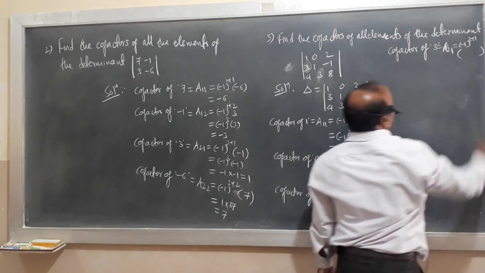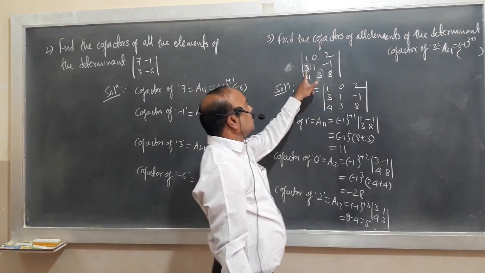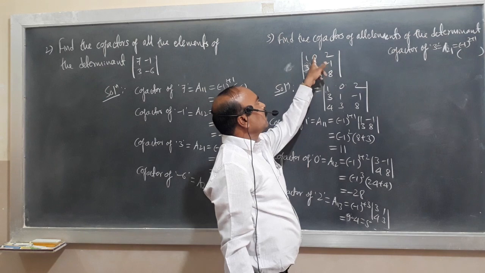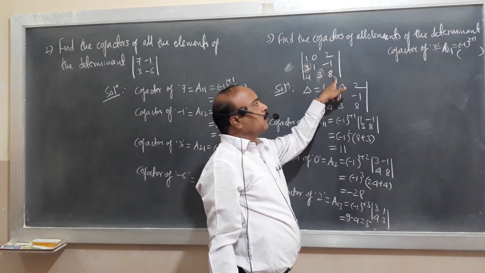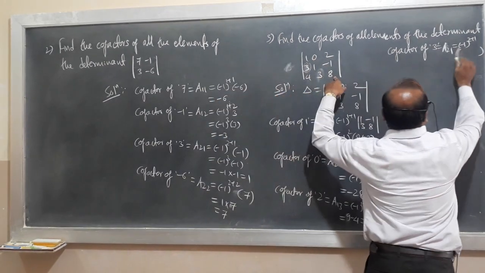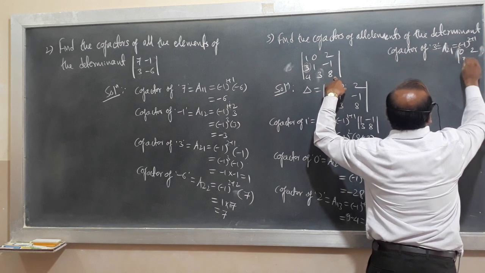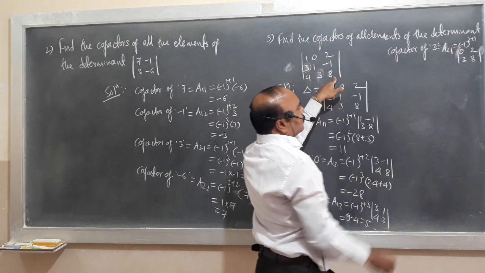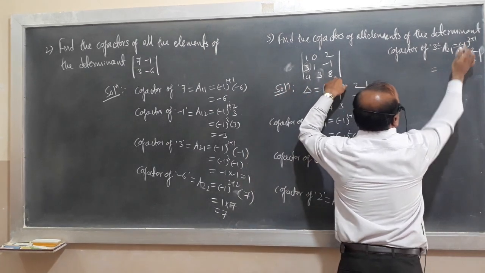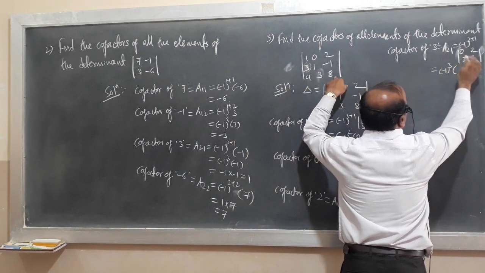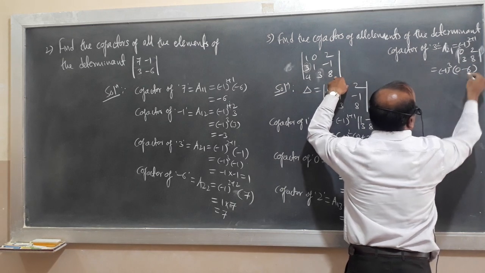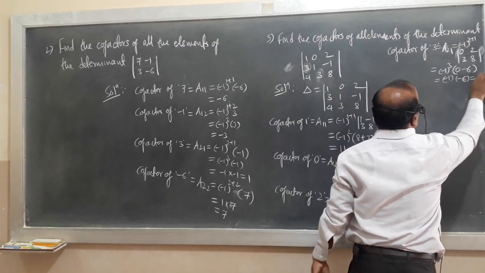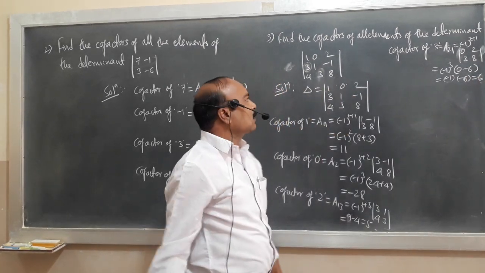So the minor of this element a21 is, deleting this row and this column, we get the determinant 0 2, 3 8. Now we get minus 1 cube into 0 minus 6. Minus 1 cube is minus 1 into minus 6. It is equal to 6.